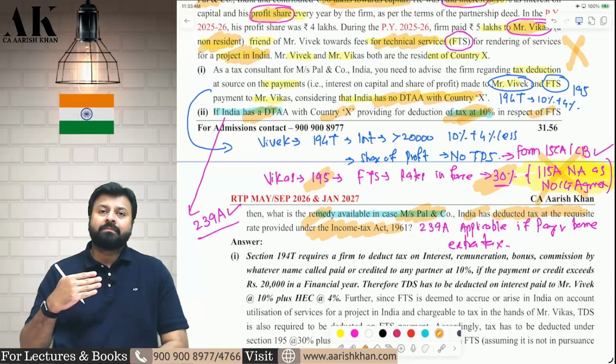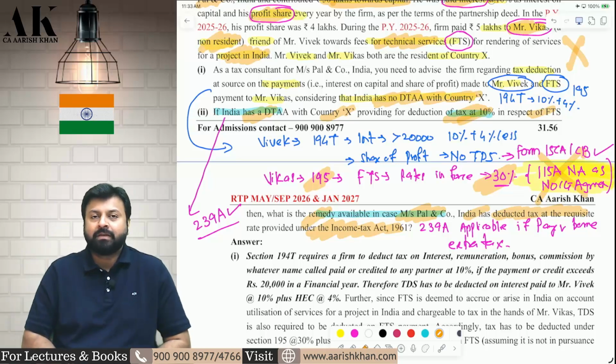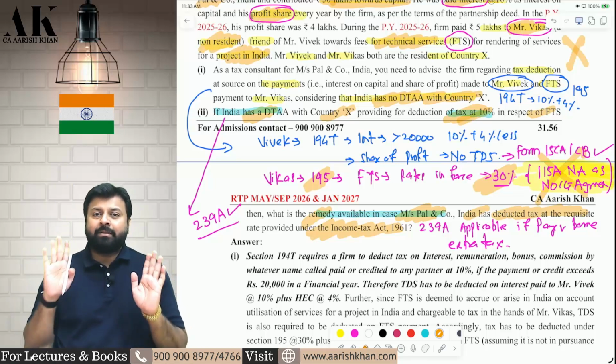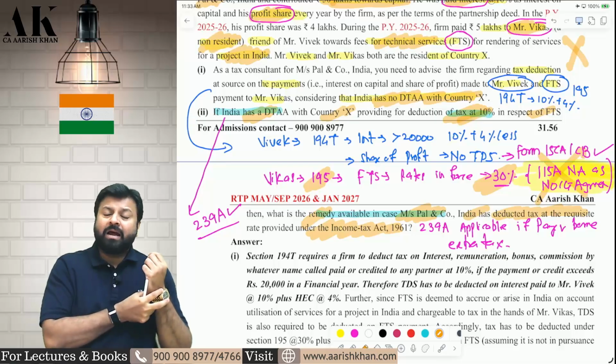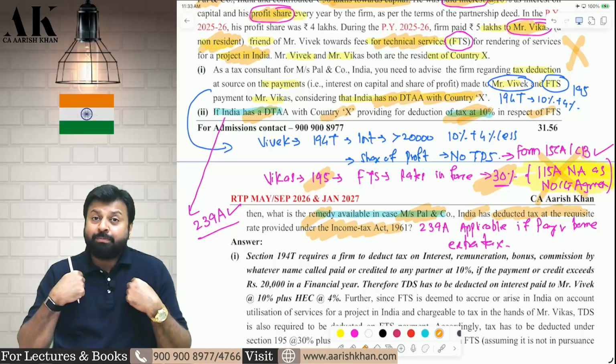Then what is the remedy? In that case, there is a remedy available to Paul and Company under section 239A with one assumption. The assumption is if the tax is borne by Paul and Company.